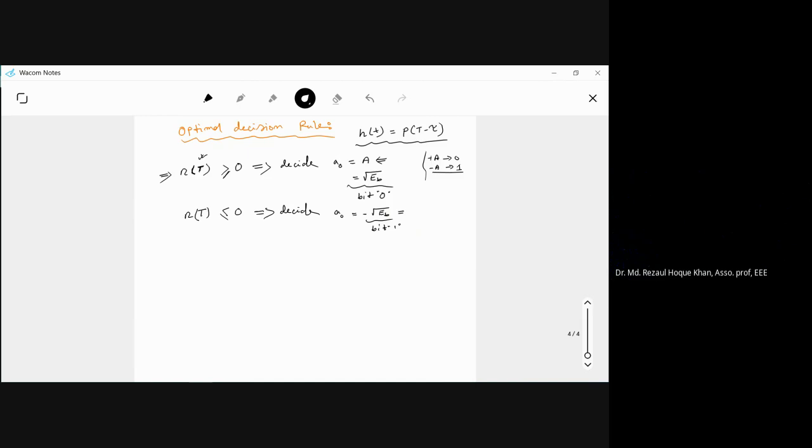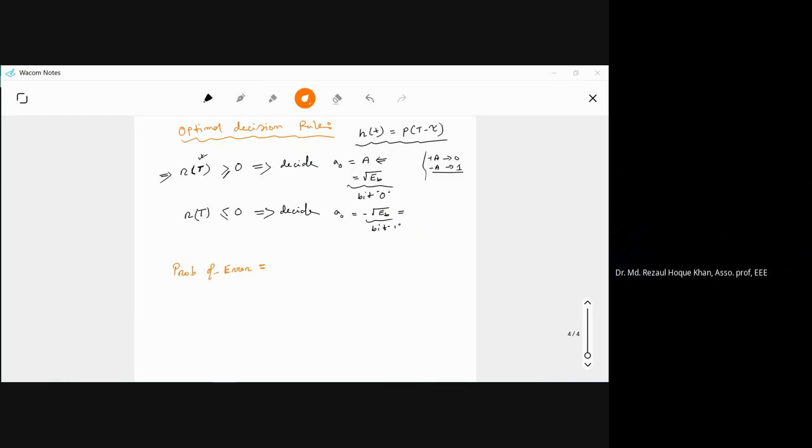Now, what is the probability of error, or bit error rate, whatever? For the probability of error we already found a generalized expression. If you remember, in lecture 7 we expressed the probability of error.